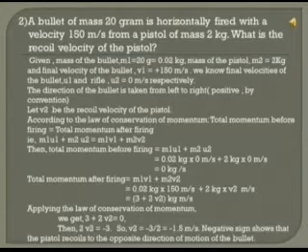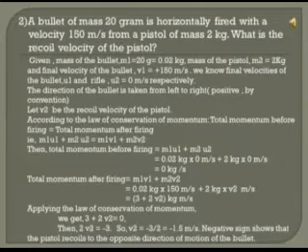The mass of the pistol m2 is equal to 2 kg. And the final velocity of the bullet v1 is equal to plus 150 meter per second. Here the direction of the bullet is taken from left to right, which is the positive by the convention.